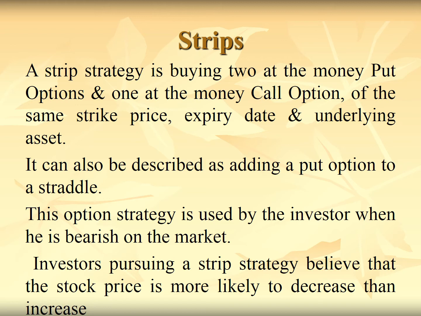This option strategy is used by the investor when he is bearish on the market. When we say bearish, it means the investor expects a decrease in prices in the future. Those investors who think that the market will come down and prices will fall are known as bearish investors, and that is the bearish trend.